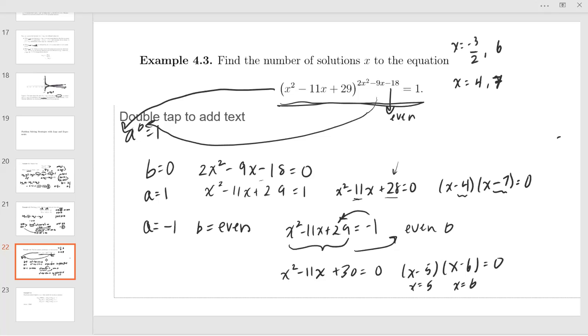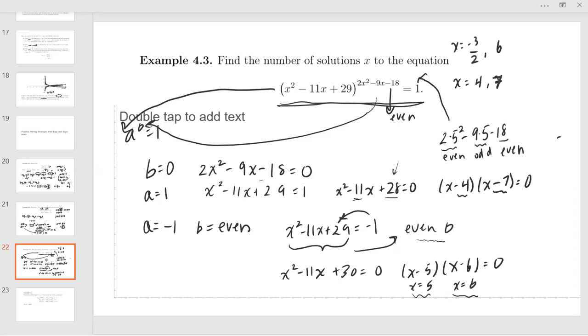But now we must check that our values of x give us an even b. So when we put in x is equal to 5, we have 2 times 5 squared minus 9 times 5 minus 18. So this is our exponent. So this term here is even because we have it 2 times. This is odd because we're multiplying two odd numbers, and 18 is even.